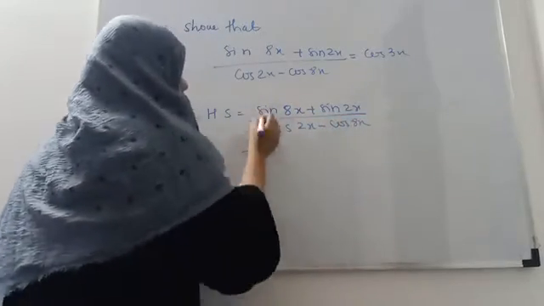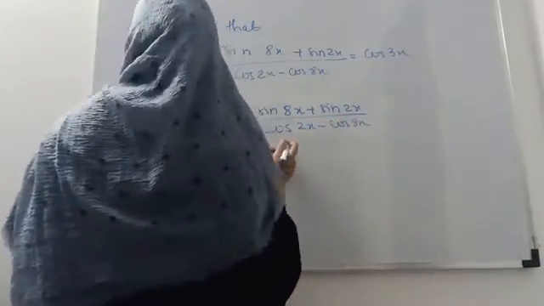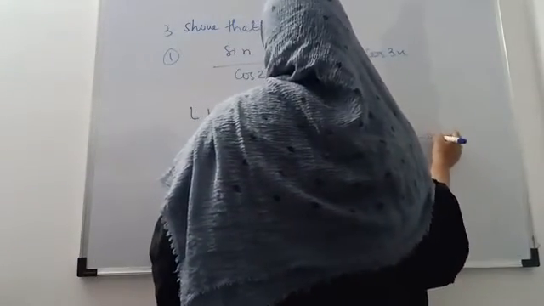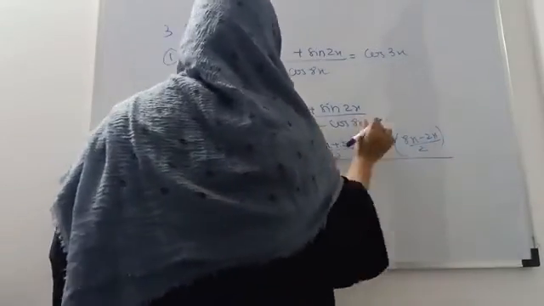The formula for the numerator is 2 sin((8x + 2x)/2) cos((8x − 2x)/2), and the whole is divided by the formula for the denominator.